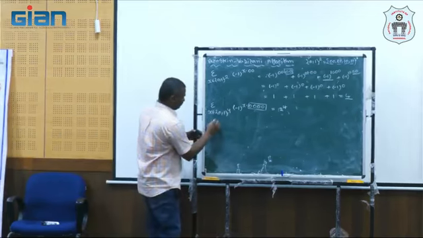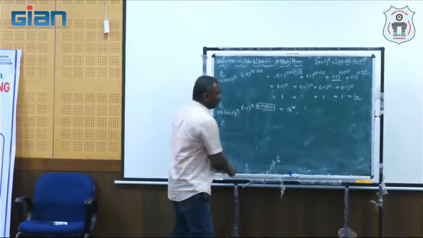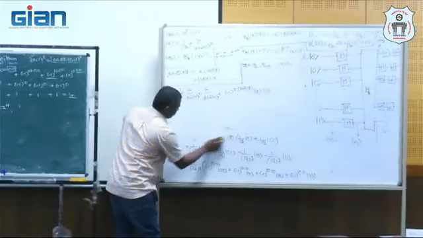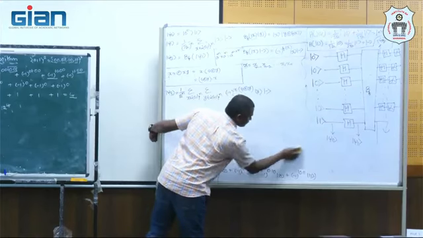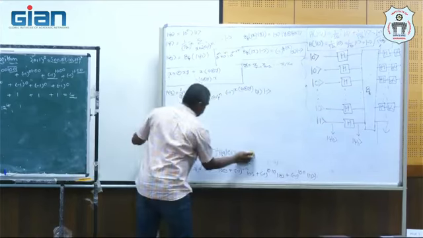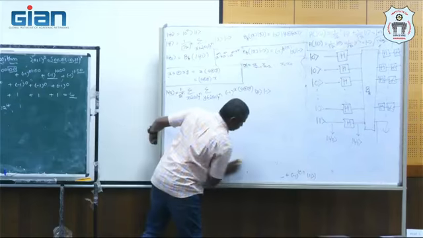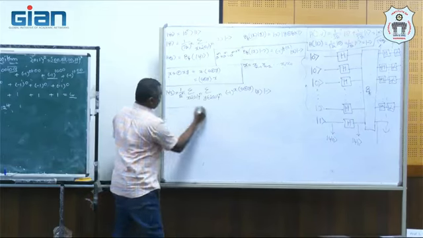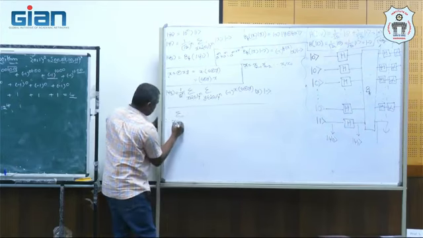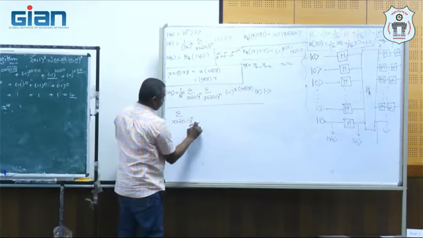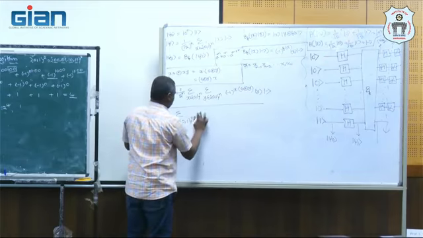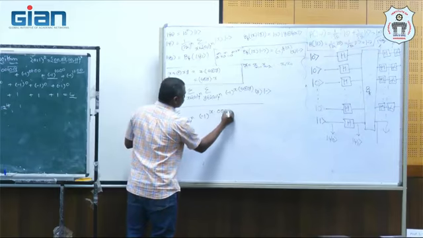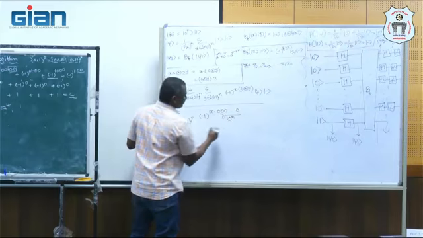In general, now we use this: sigma x belongs to {0,1} power n, minus 1 whole power x dot 0 0 0 0, that is 0 power n, which is the short form of writing.